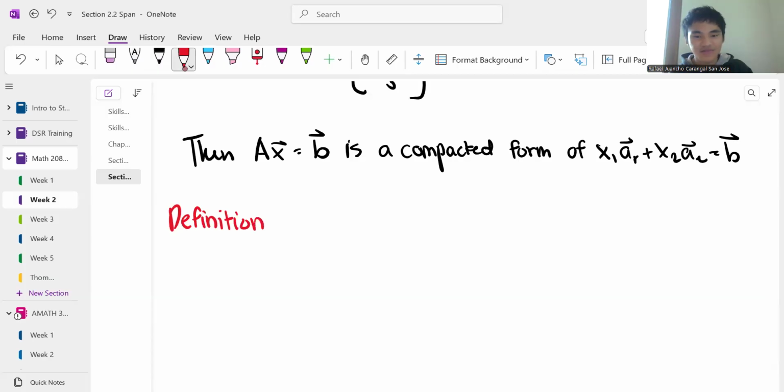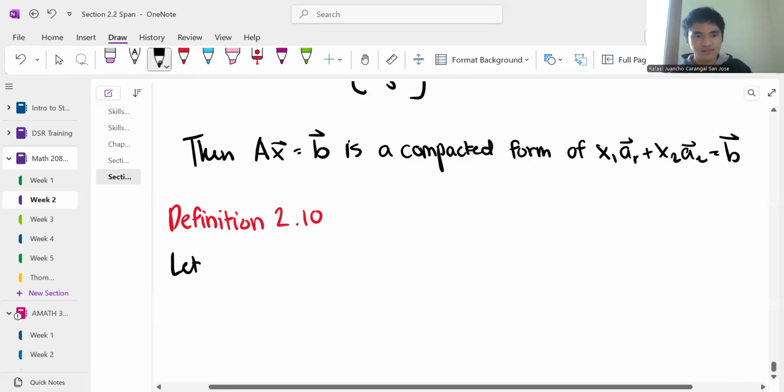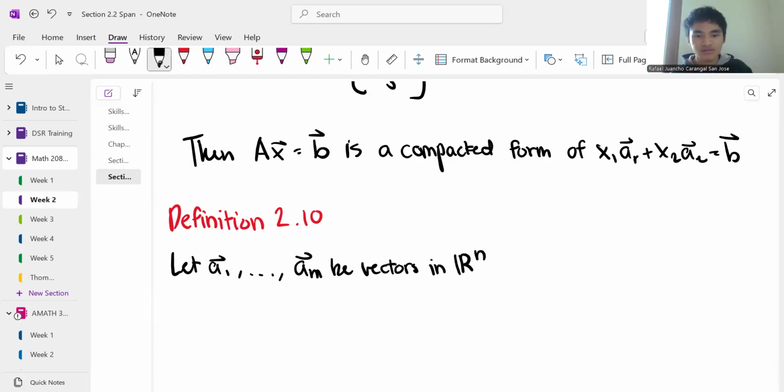Okay, let's look at the definition here, 2.10. Here we let A sub 1 all the way to A sub m, or m, my bad, be vectors in Rn.